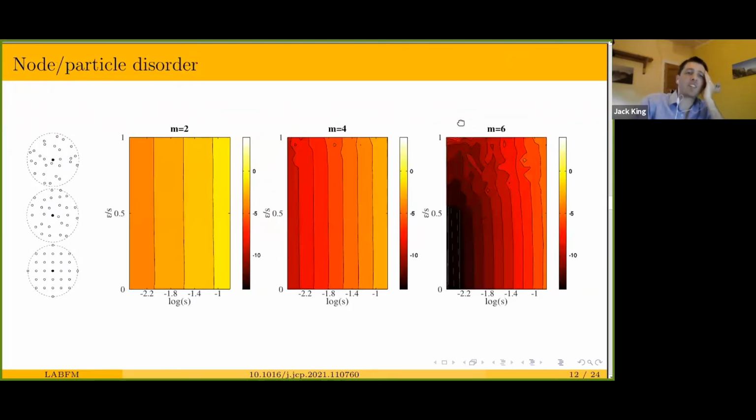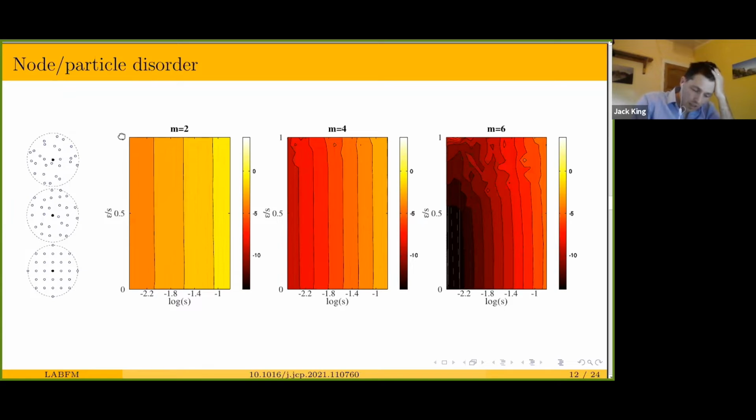The next aspect of the method I wanted to look at is the resilience to node disorder. The plots are similar to the ones on the previous slide, but here as we move upwards, we're going from a uniform distribution of nodes to a severely disordered distribution of nodes.